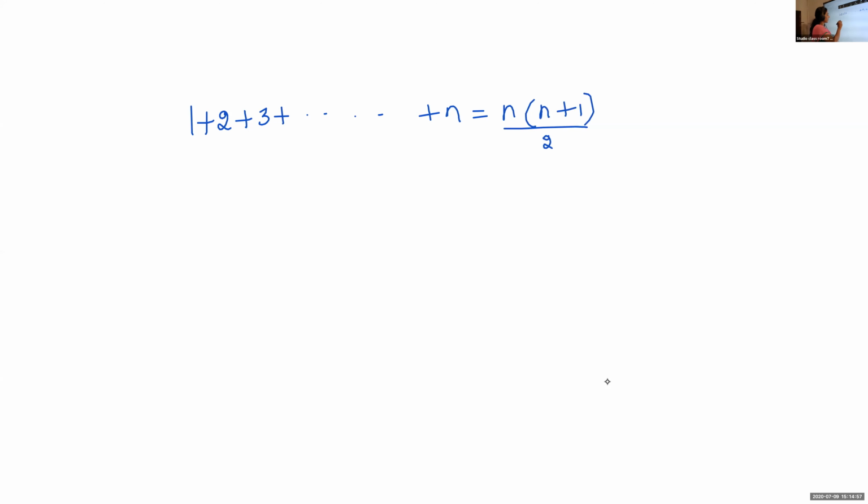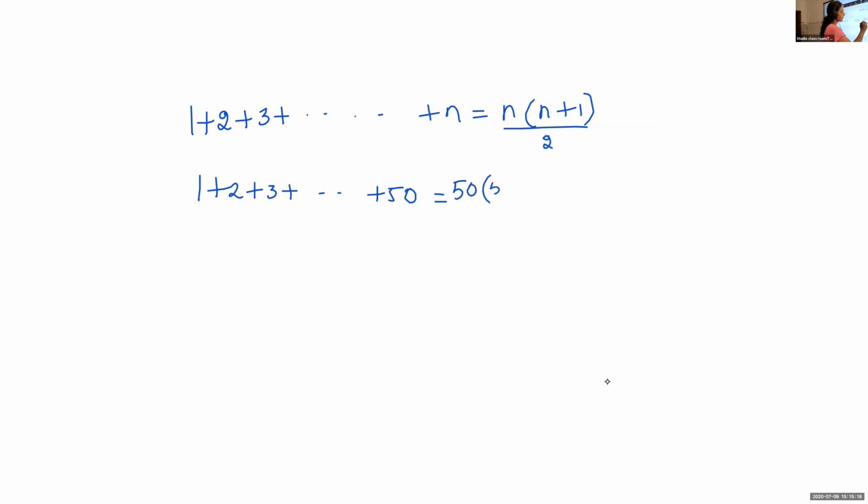Suppose I want to calculate 1 plus 2 plus 3 plus etc. up to 50. What will be the answer? It is 50 into 50 plus 1 by 2.